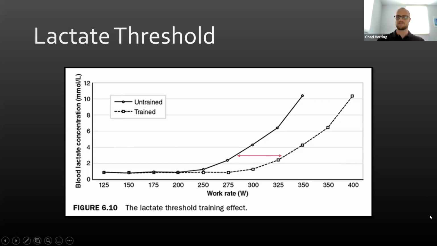Again, another pop quiz if I was there in person. What does that signify? That signifies the trained individual, or that same individual that is now trained, is able to maintain aerobic metabolism for a lot longer, or they're able to not move into anaerobic metabolism at the same work rate. Again, what happens when we go into anaerobic metabolism?